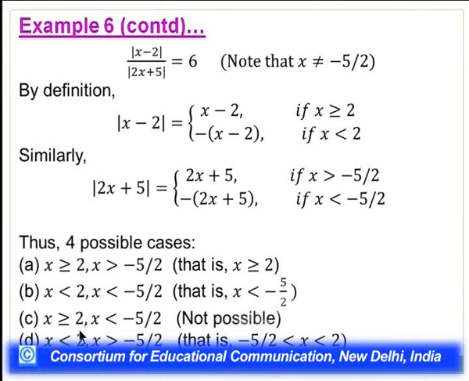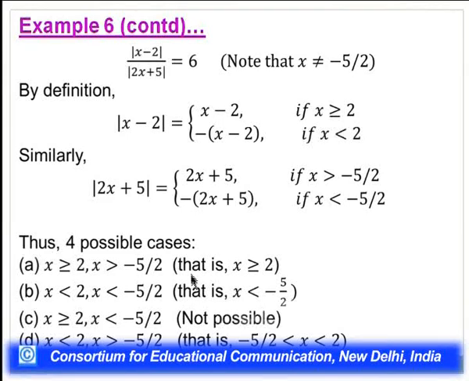But if you notice here, there is no intersection here. You can't have x more than 2 and less than minus 5 by 2 or minus 2.5 at the same time. So the third case is ruled out. And the fourth possible case is where x is less than 2 and x is greater than minus 5 by 2. So in this case, we have that overall x will lie between minus 5 by 2 and 2. Okay, so with these four possible cases, let's see what our solution would look like. The third case in any case is ruled out now.